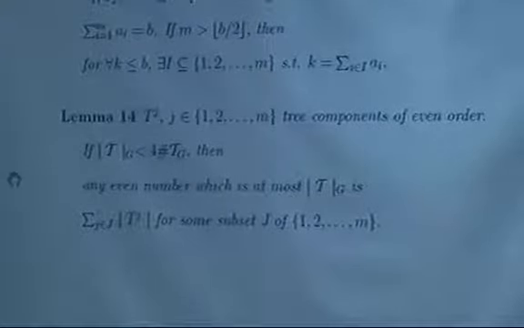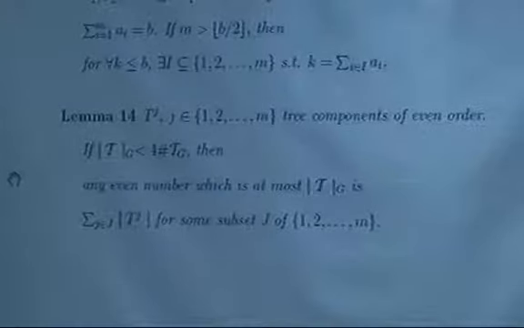And this is a Pigeonhole theorem. If you have m positive integers, which sum up to b, and if m is bigger than half of b, then all the positive integers k, which are at most b, can be a partial sum of those a_i's.